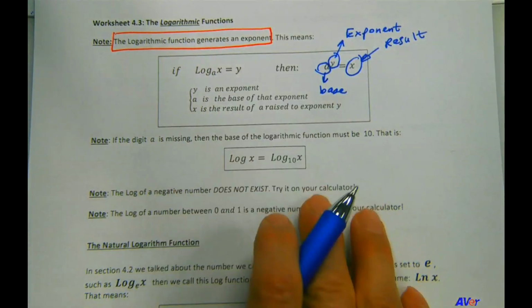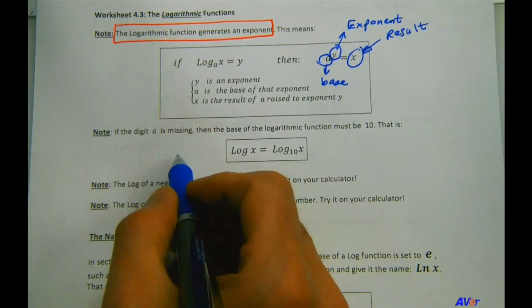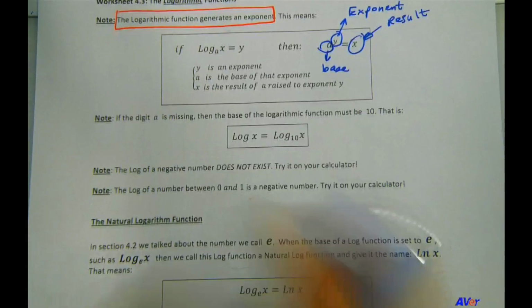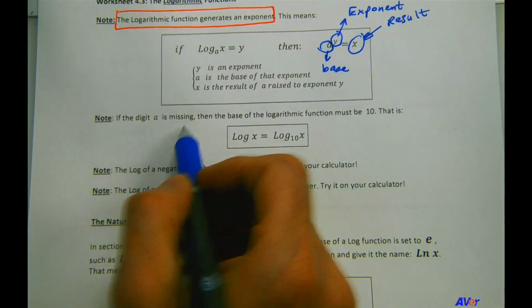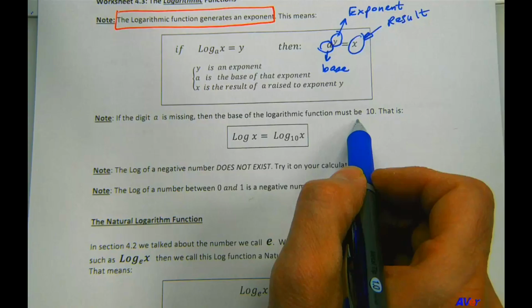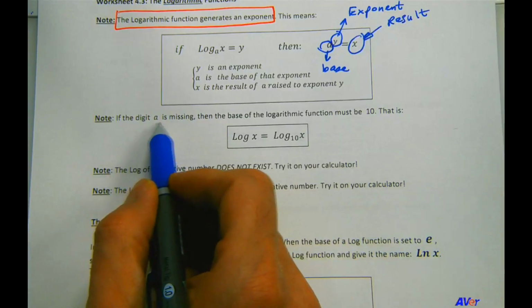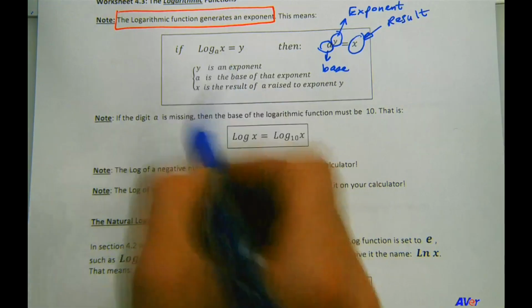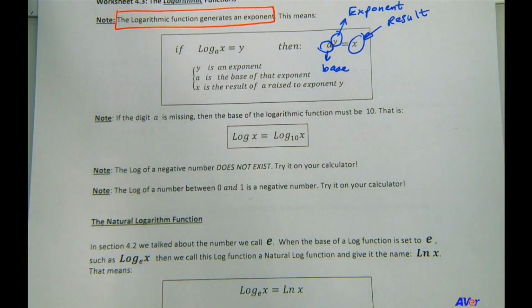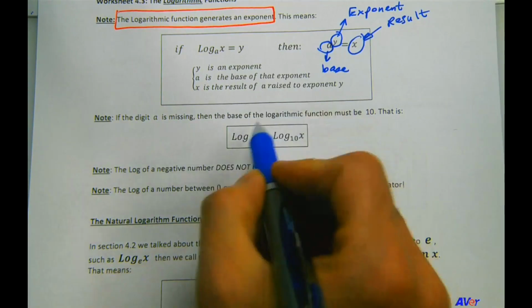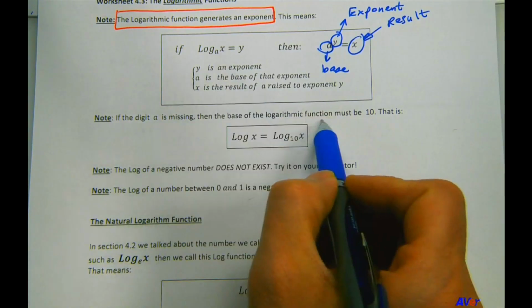If the digit a is missing, the base is missing, meaning it wasn't written, then the base of the logarithmic function must be 10.